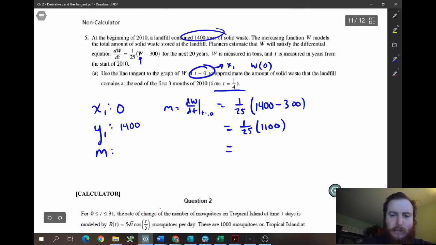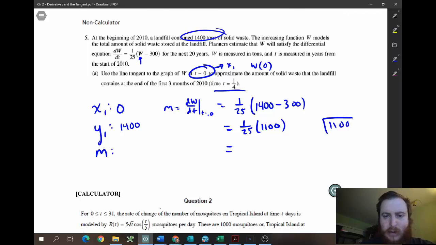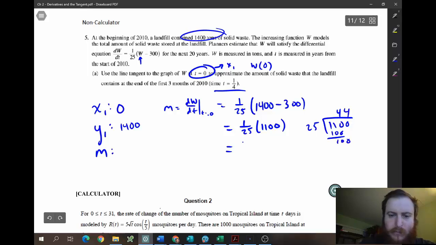So you could do this way, or you could kind of think of it in your head. 25 goes into 100 4 times. 4 times 11 is 44. But if you do it this way, you'll get the same answer. So 44. So then we get y minus 1400 equals 44 times x minus 0.